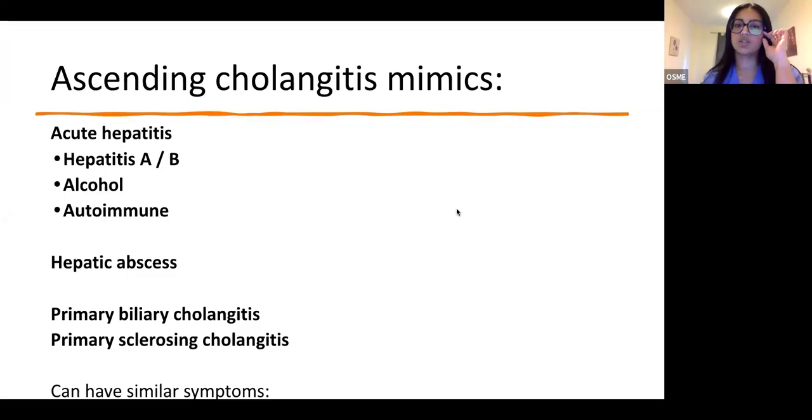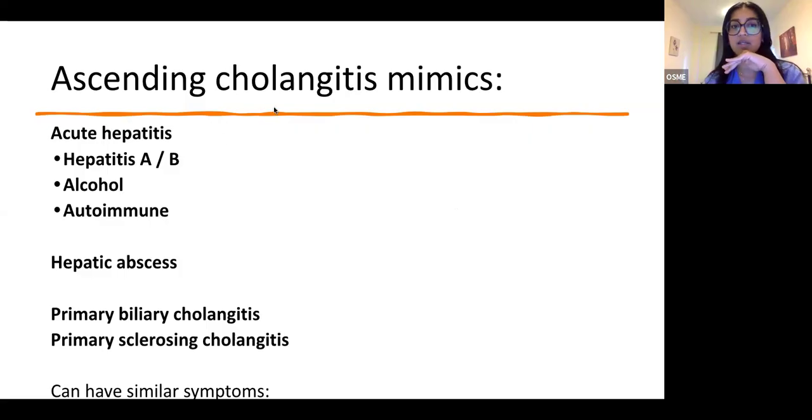But it's important to keep your mind open so you don't jump down that pathway and get biased, because there might be some other small clue in the question that is trying to lead you down another route. So keep your diagnostic options open until you confirm that that's the right diagnosis.